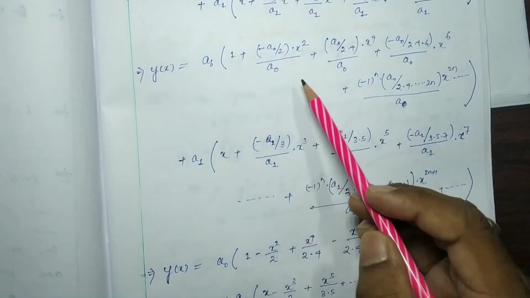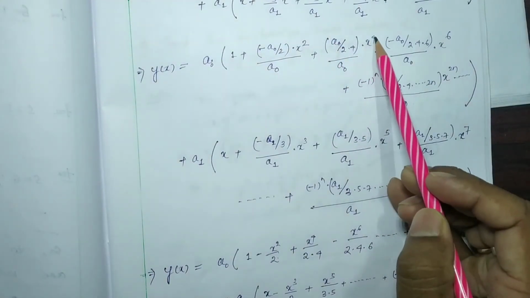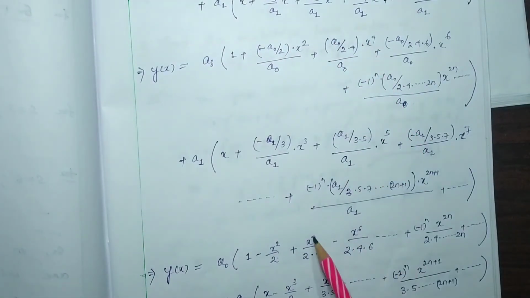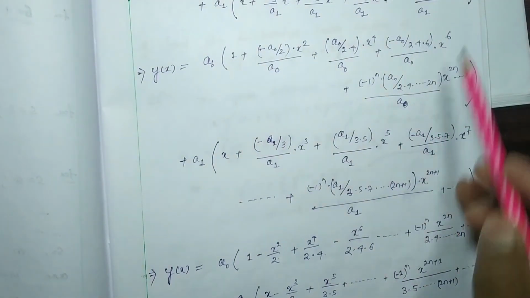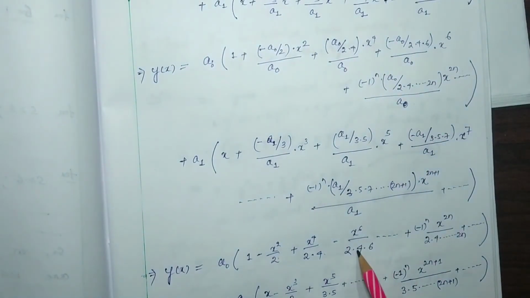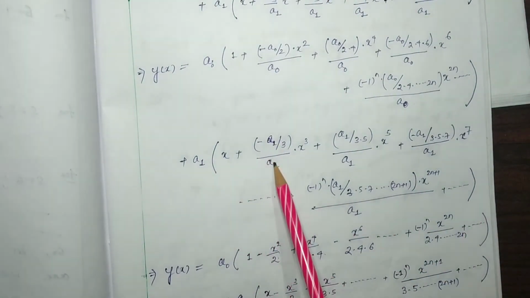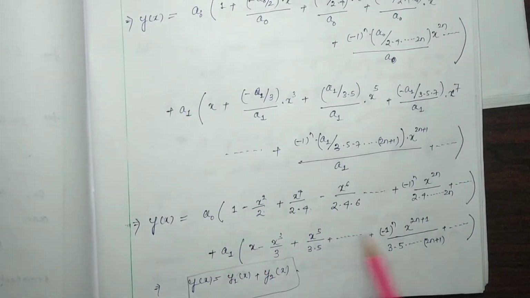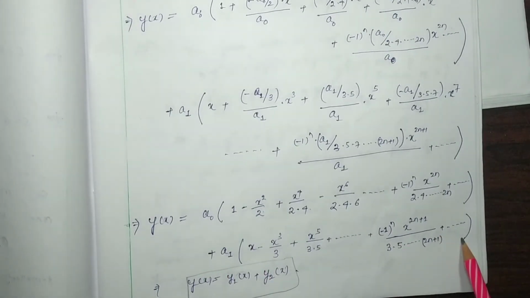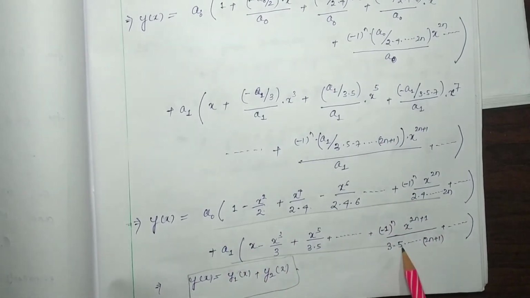Here a0 got cancelled, and this is x to the power 4 by 2 into 4, minus x to the power 6 by 2 into 4 into 6, and so on. Likewise, here a1 got cancelled, and the other terms we have written as usual. So this is one series we found, and this is another series we found.